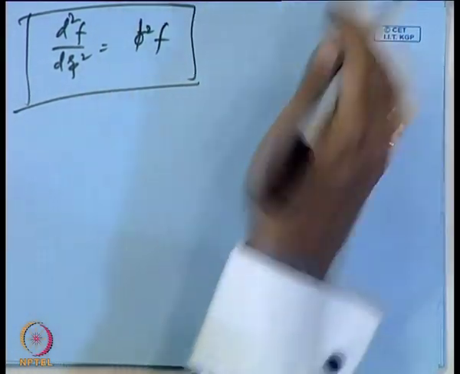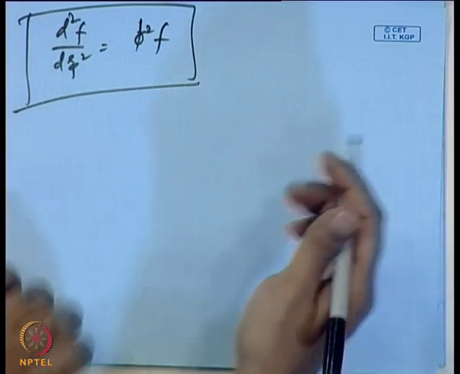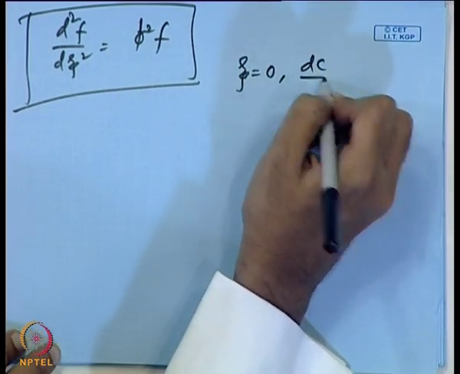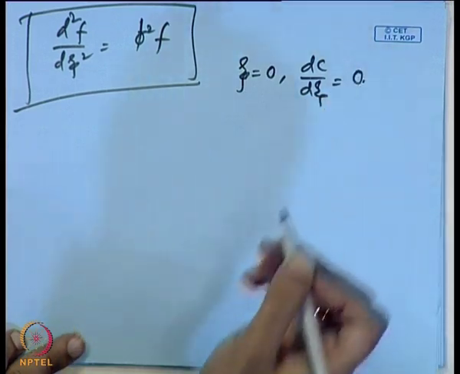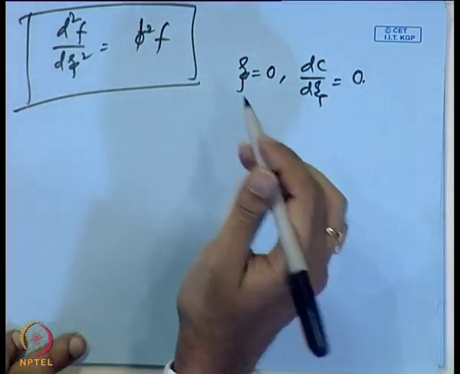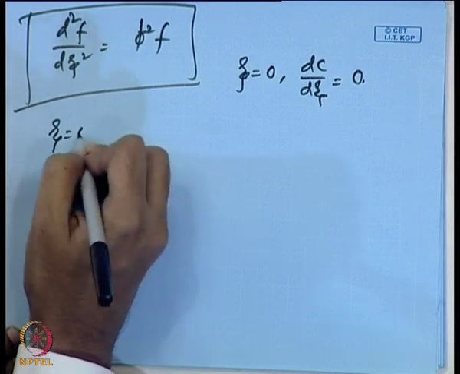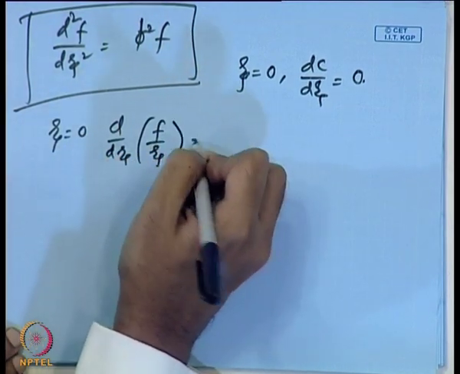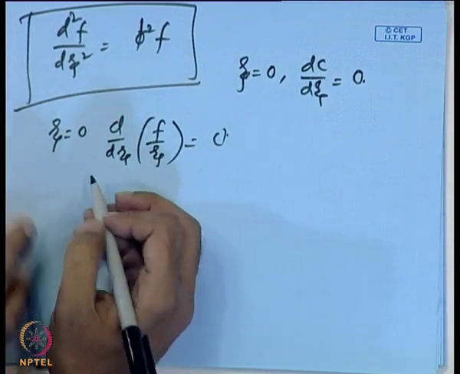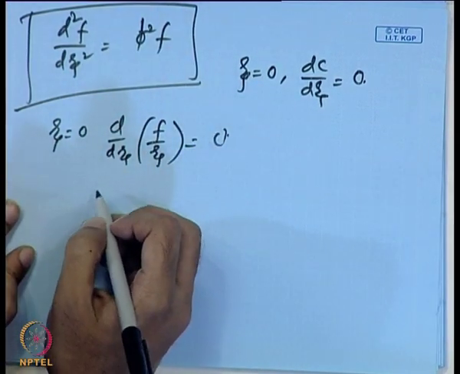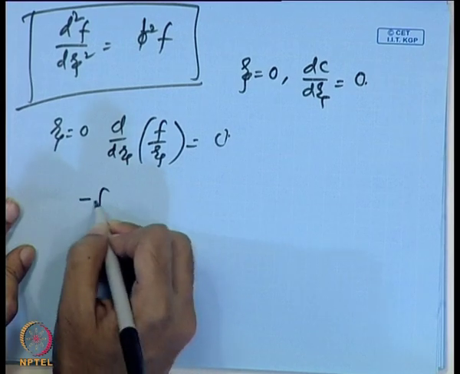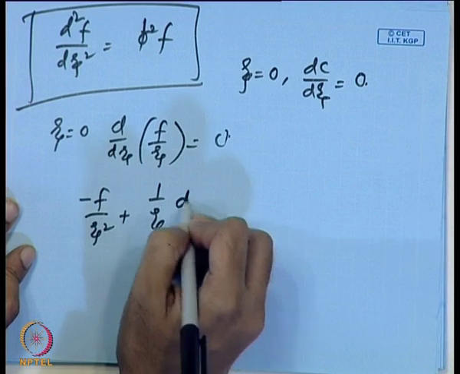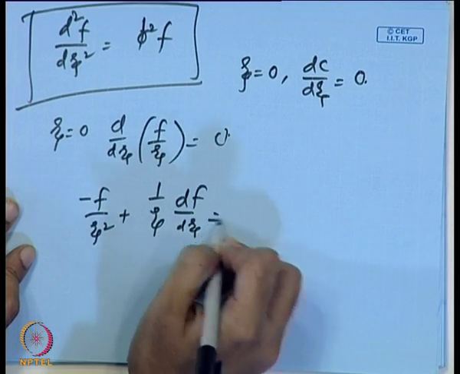So my boundary condition earlier was psi equals 0, del C del psi equals 0. Now which means that at psi equals 0, del psi of f over psi equals 0, right? Which means that this is minus f over psi square plus 1 over psi del f del psi equals 0.